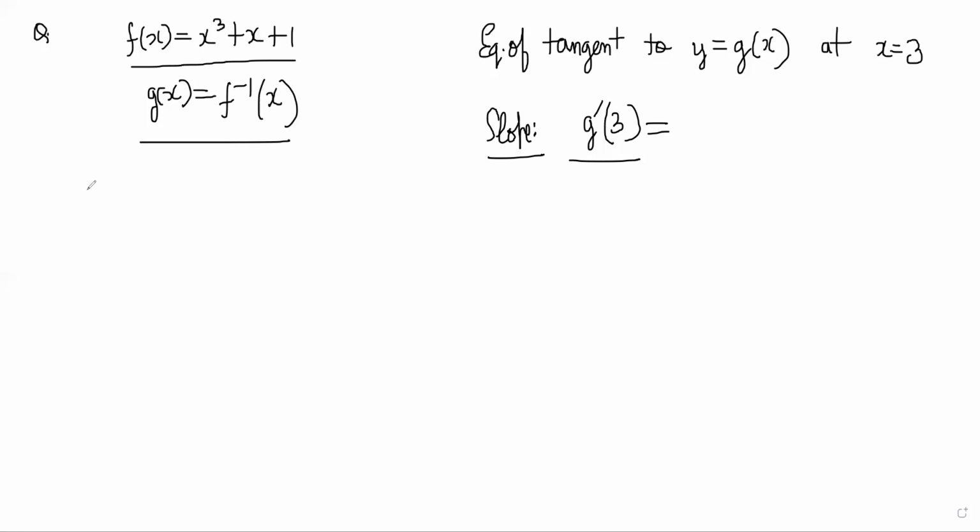What is the rule that you're using here to find the derivative of the inverse? Or what is the first thing that you do?